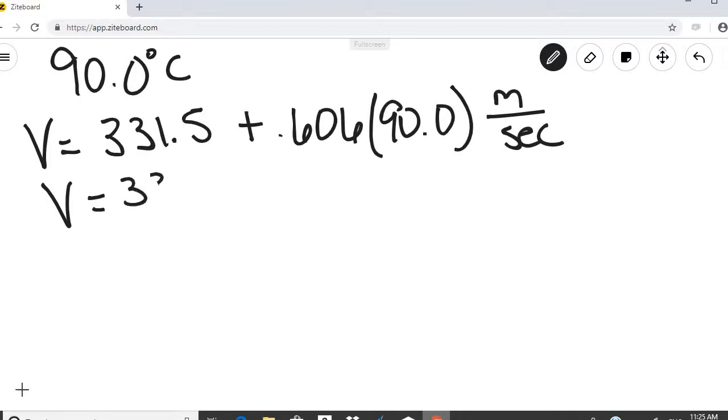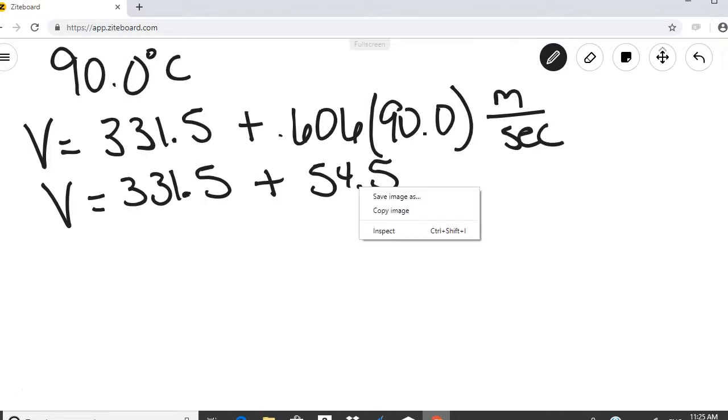So this is going to be 331.5, and if we do this and we're allowed 3 significant figures, that comes out to 54.5. So now we're adding, and so when adding and subtracting, the number of significant figures is based on the place value.